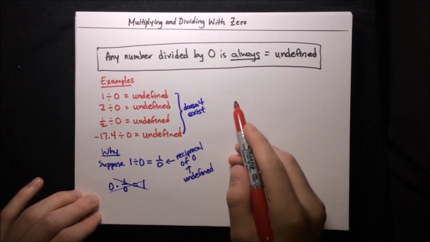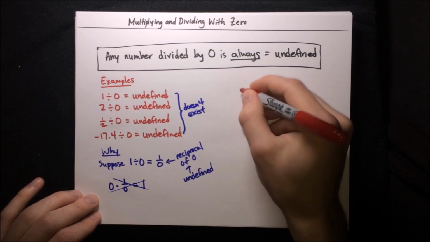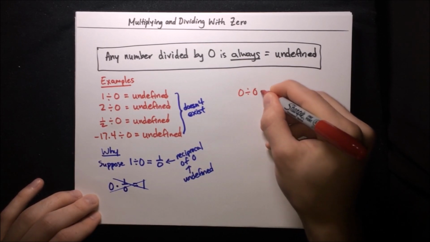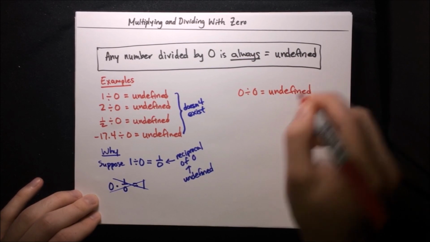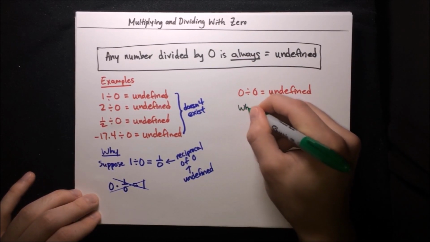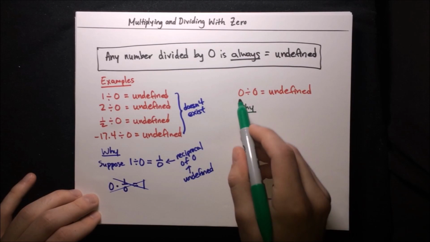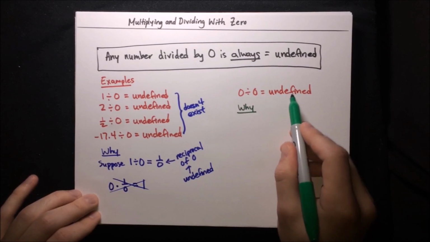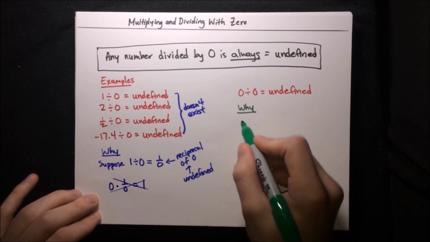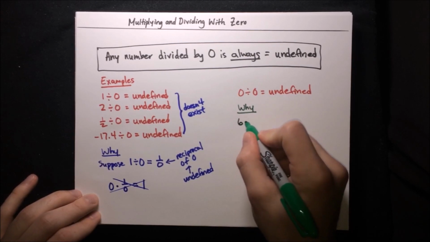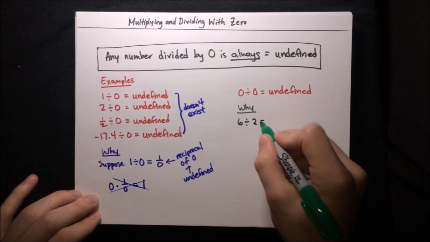Also, we mentioned this briefly, but just to emphasize, 0 divided by 0 is also undefined. And why is that? Well, to understand why 0 divided by 0 is undefined, it helps to think about how division relates to multiplication. So, for example, first think about how 6 divided by 2 is equal to 3.